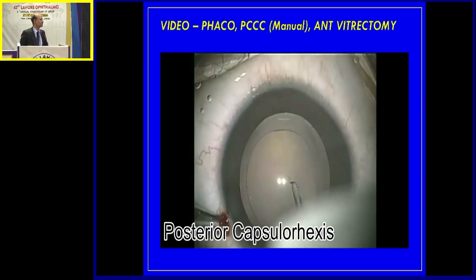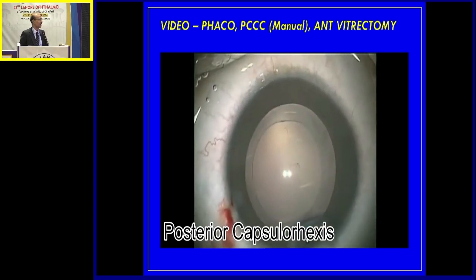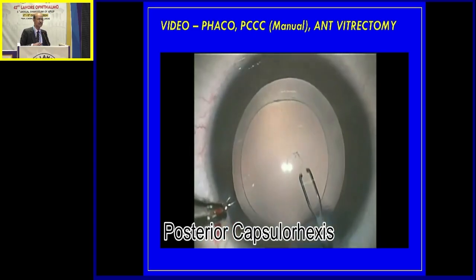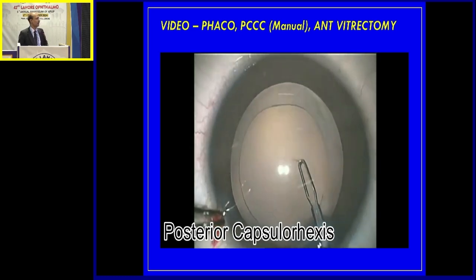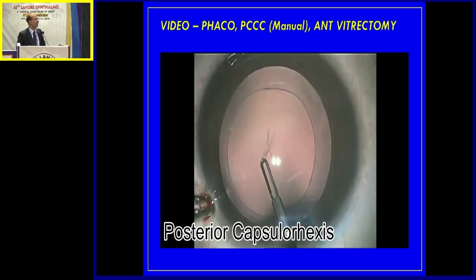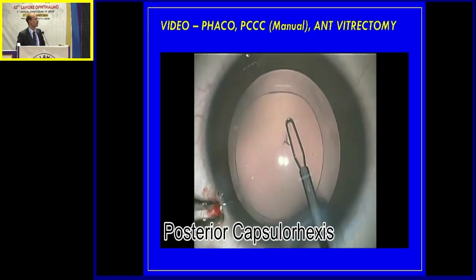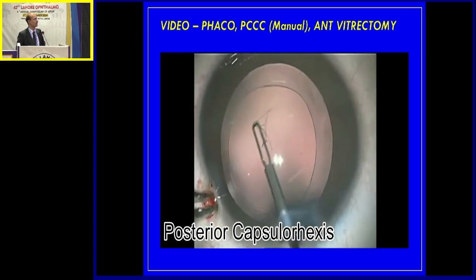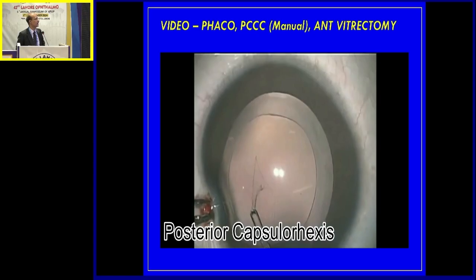Posterior capsulotomy. Just make a nick and one has to be very, very gentle. Some people are very good and expert in this. The other day, our colleague from Egypt, Yahya, was there.